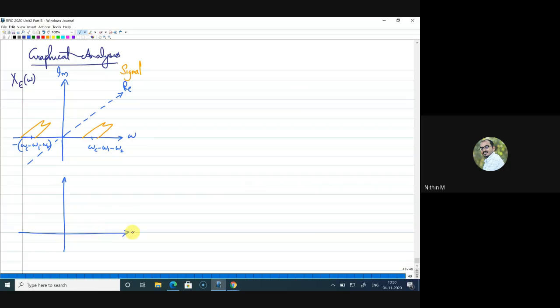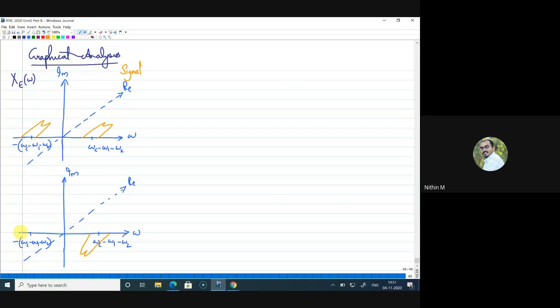If I draw for X_F of omega, there also the components are the same, omega c minus omega 1 minus omega 2, and minus of omega c minus omega 1 minus omega 2, but the amplitude is negative, right?